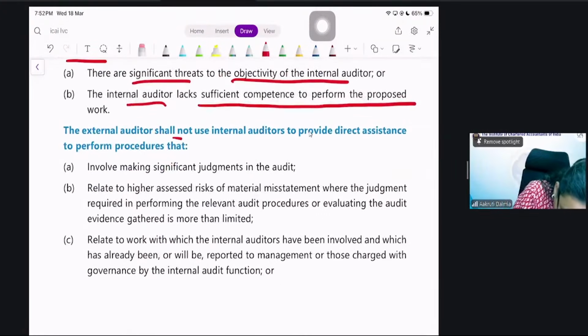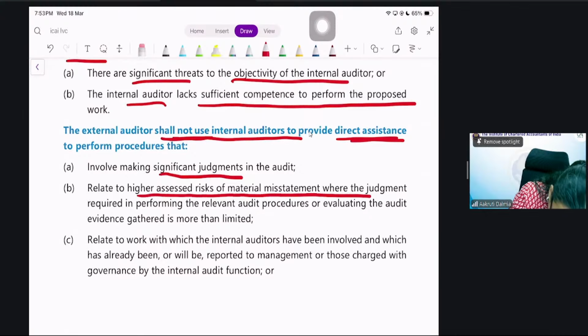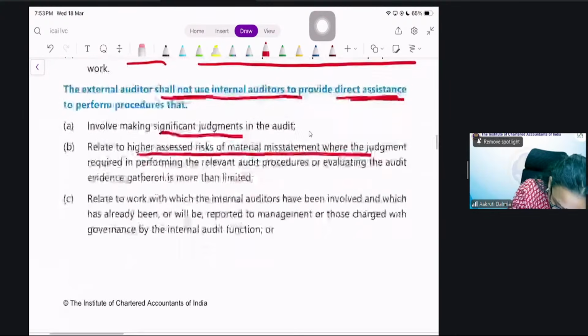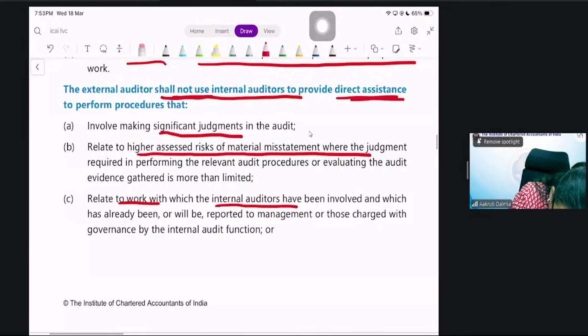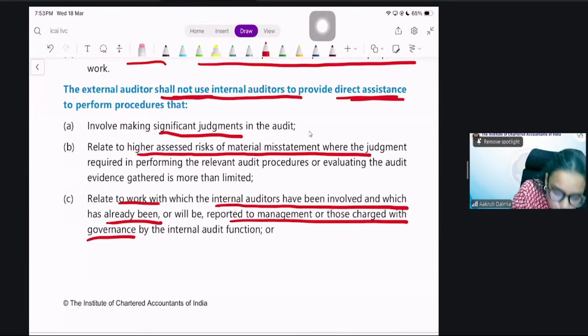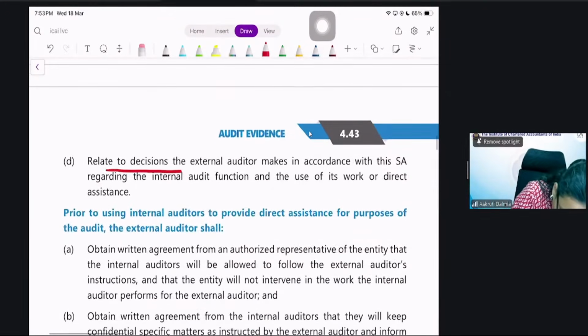The external auditor shall not use internal auditors to provide direct assistance if it is a significant judgment, if it has a higher assessed risk of material misstatement, if it relates to work for which the internal auditor has already been involved and already given a report to TCWG and management. So if it is something that the internal auditor has already checked and discussed with management, then in those areas you cannot use the internal auditor. And it relates to decisions that the external auditor makes in accordance with this SA.